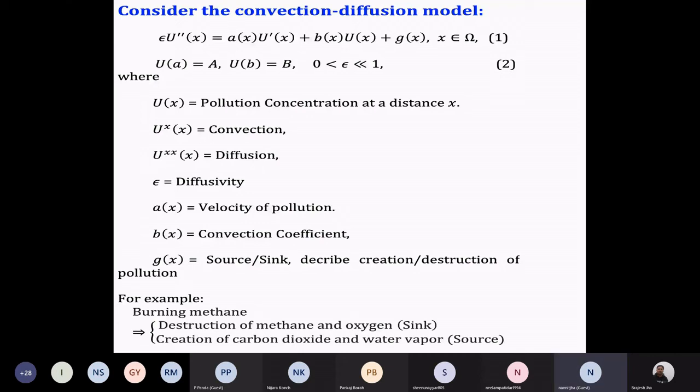And g is the source or sink, describing the creation or destruction of pollution. For example, burning methane gives you two things: destruction of methane and creation of carbon. So both sources and sinks can be there in the model.